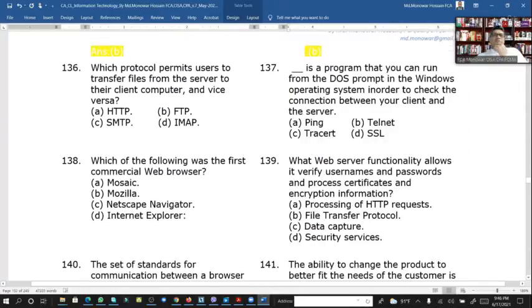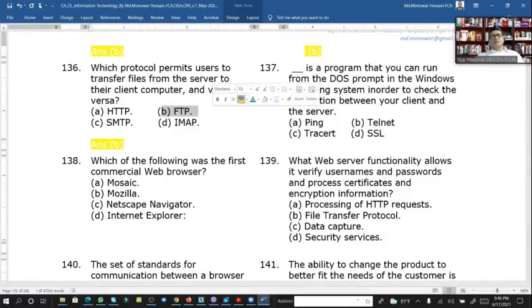Which protocol permits a user to transfer files from the server to their client computer and vice versa? FTP, sir. FTP. Yes, sir, FTP, right?